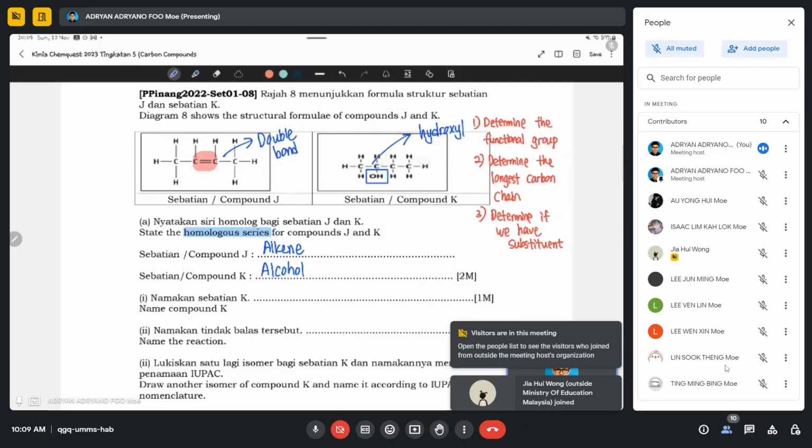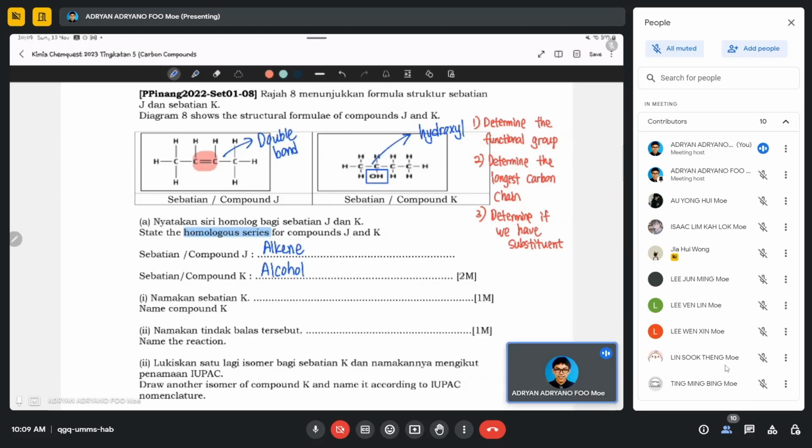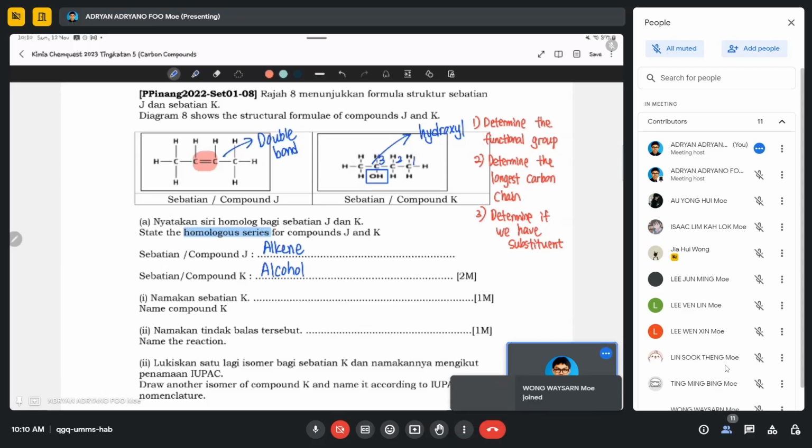Okay, why do we use this as carbon 2, not carbon 3? 你要记得 our functional group, 你的 functional group 一定要在比较小的 carbon 的那个 numbering. Okay, so here we will put here 1, 2, 3, 4. Okay, we will not put 1 from the right, 1, 2, 3, because this will be carbon number 3. So this is wrong.